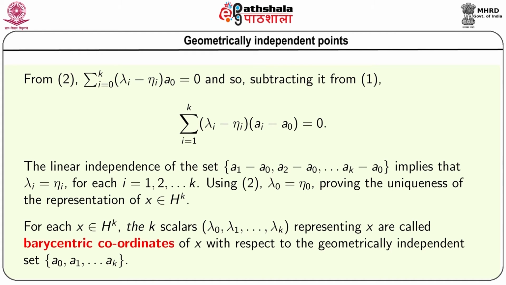Now, for each x belonging to H k, the scalars lambda 0 to lambda k representing x are called barycentric coordinates of the point x with respect to the geometrically independent set a 0 to a k.